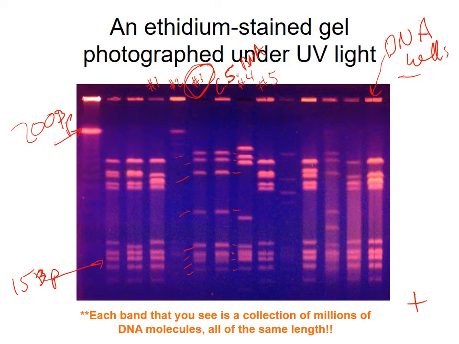Now, these DNA segments were cut by restriction enzymes. And these aren't just one single strand of DNA. This is DNA that has been copied multiple thousands of times. And these are literally thousands of segments of DNA that are piled up on one another at this exact same location because they're all the exact same size.